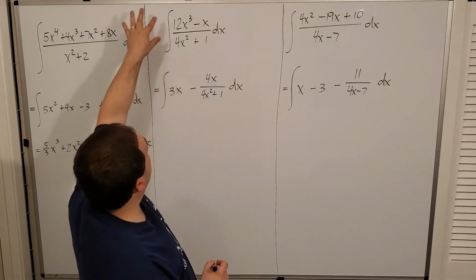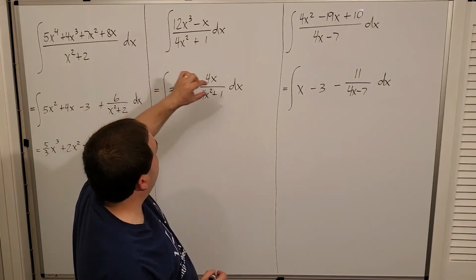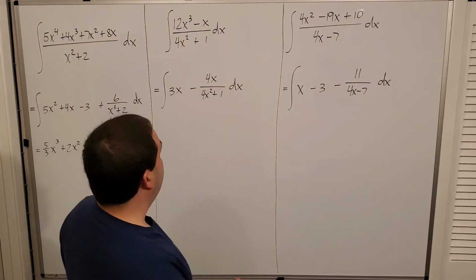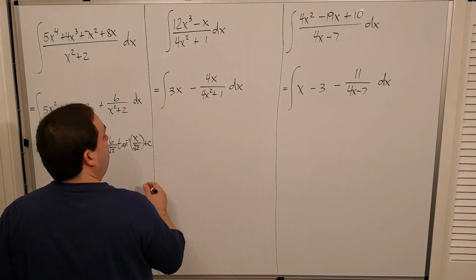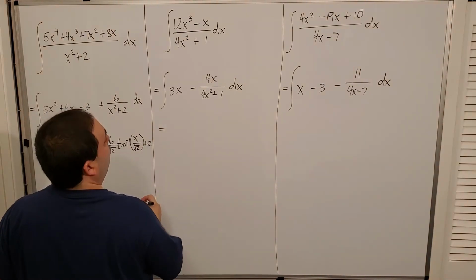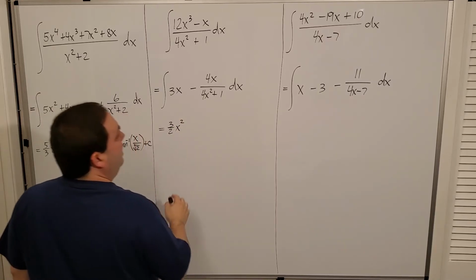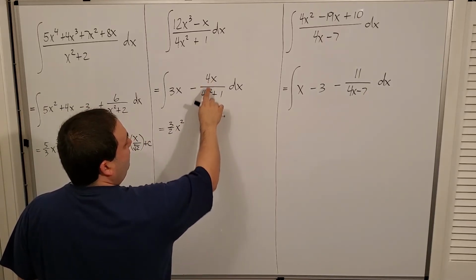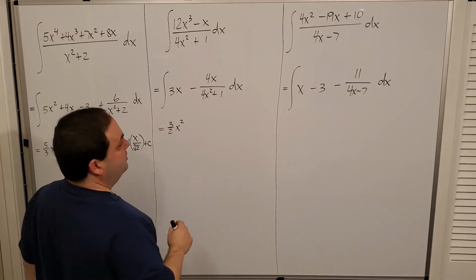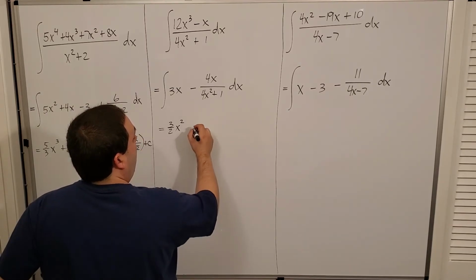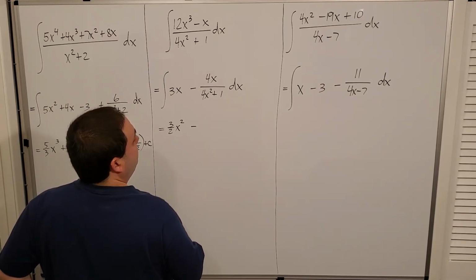Same thing here, right? If I do this division, it becomes 2 separate, much simpler objects. Antiderivative here is just going to be that power rule, so I'll have 3 over 2x squared. Here, though, I need to go ahead and rewrite this and possibly do a u substitution, right? I'll go ahead and put the minus out here.